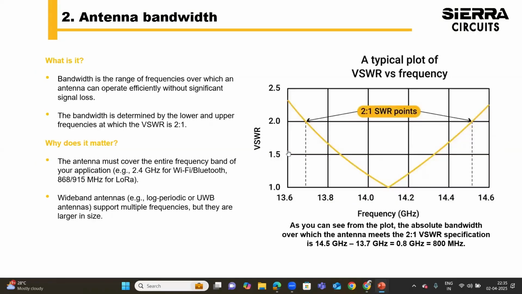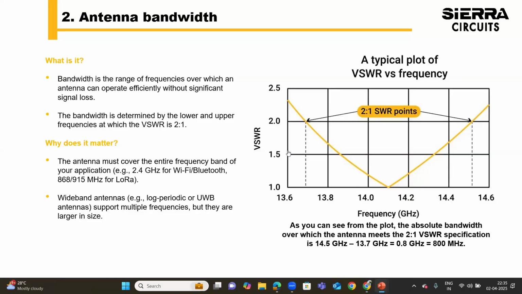Let's move on to antenna bandwidth. Bandwidth is the range of frequencies over which an antenna can operate efficiently without significant signal loss, and it's measured in megahertz or gigahertz. The bandwidth is determined by the lower and the upper frequencies at which the VSWR meets the 2:1 limit.